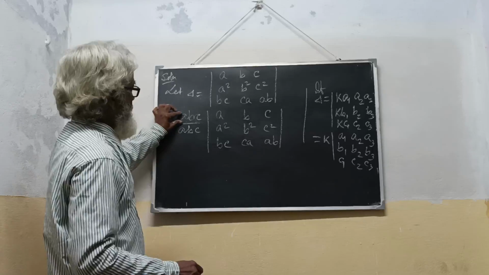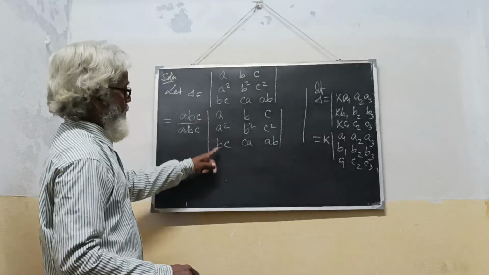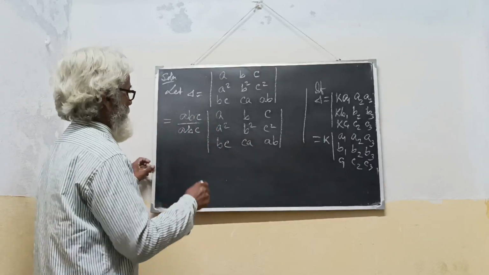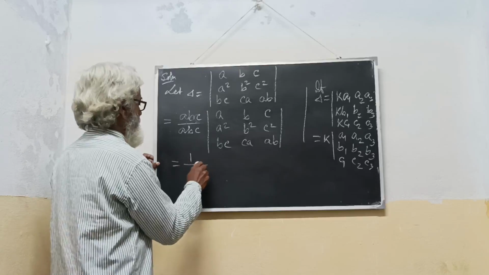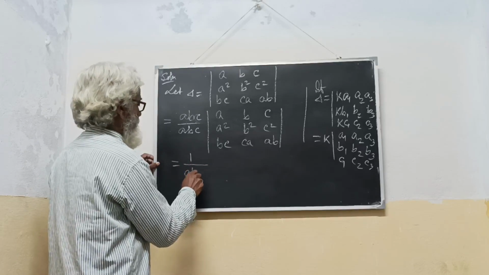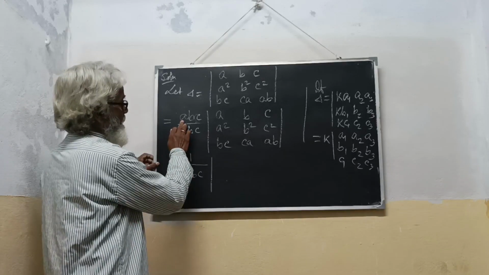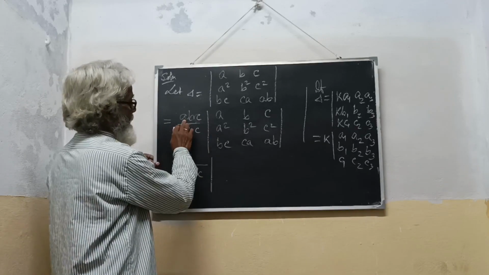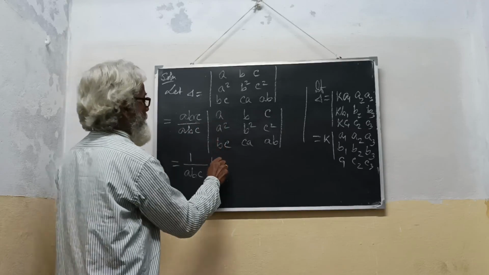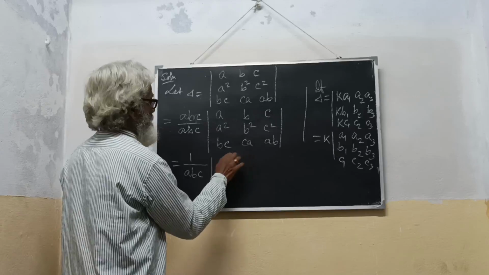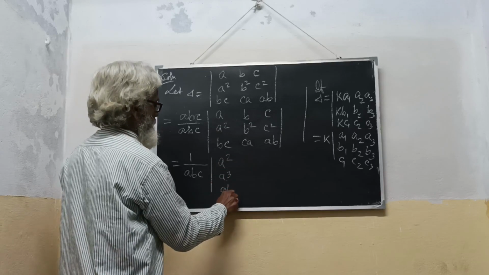Here we introduce A as a common factor to all the elements of first column, that is, we may write here 1, keep ABC here, and we introduce A as a common factor to all the elements of first column to make them A square, A cube, ABC.